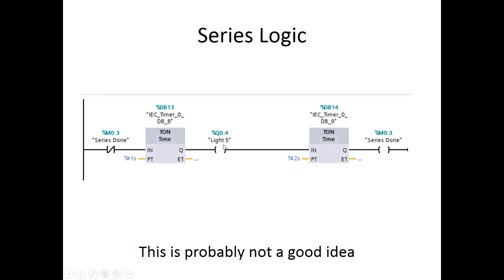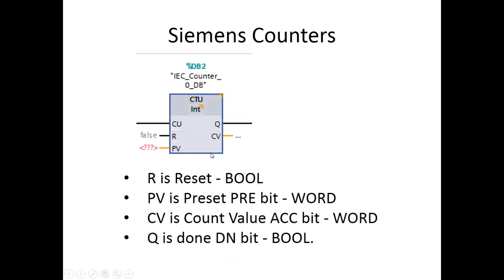This is true, which starts a timer, light comes on, and then it starts this timer, done, reset. But this could be a disaster. And if we just did the Q here, and put the Q here, right away I think that this would fall apart instead of using this M bit. Okay, probably not a good idea.